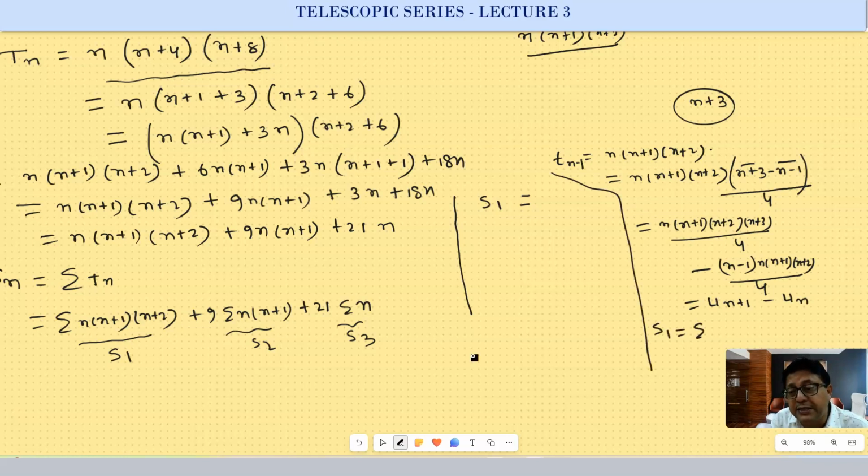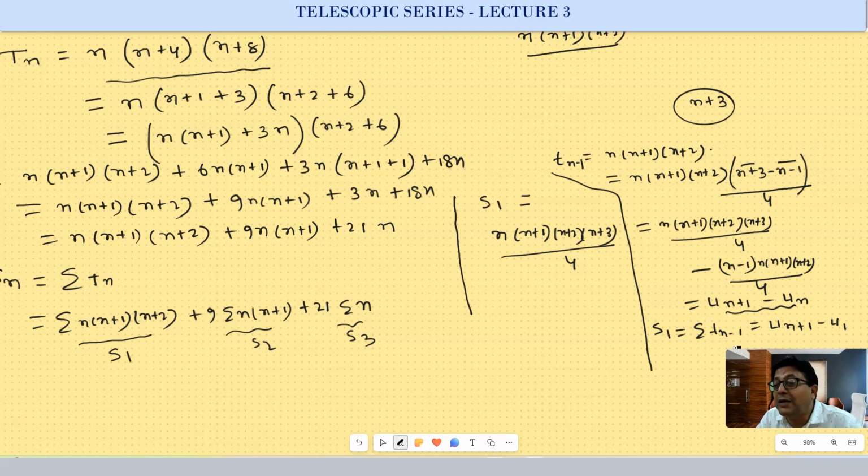And what is the sum if the series is expressed in this form? S1 will be sigma Tn1. This is sigma un plus 1 minus un. Just as I showed you, this is nothing but un plus 1 minus u1. Okay. So what is un plus 1? This product is nothing but n plus 1, n plus 2, n plus 3, divided by 4.